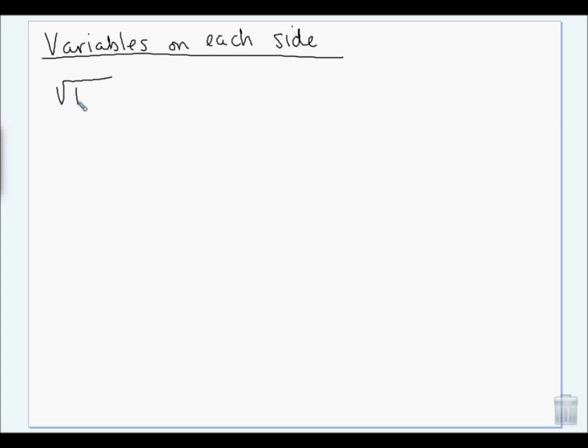Variables on each side. Okay, and when this happens, you could end up with answers that aren't actual answers, right? And I want to explain that first before we actually start solving this.